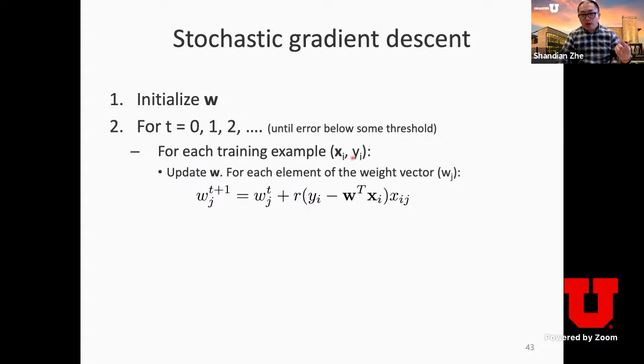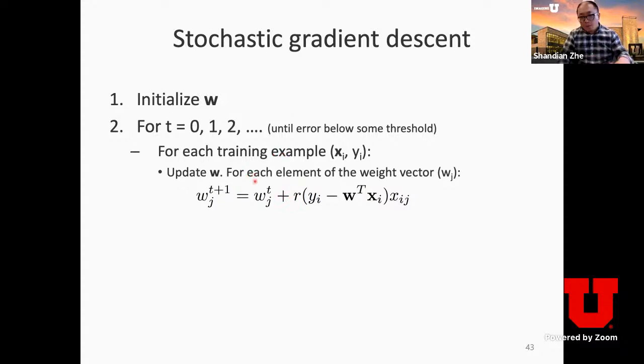Once we get xi, yi, we make the prediction, calculate the stochastic gradient, and use that to update the weight vector immediately. Here we still apply gradient descent, but because the gradient contains a minus sign, we subtract the gradient, so minus minus becomes positive. That's why we write the final result with a plus sign here.